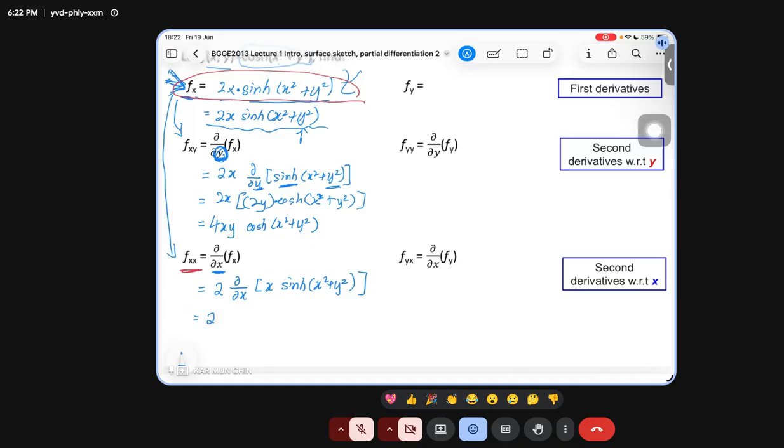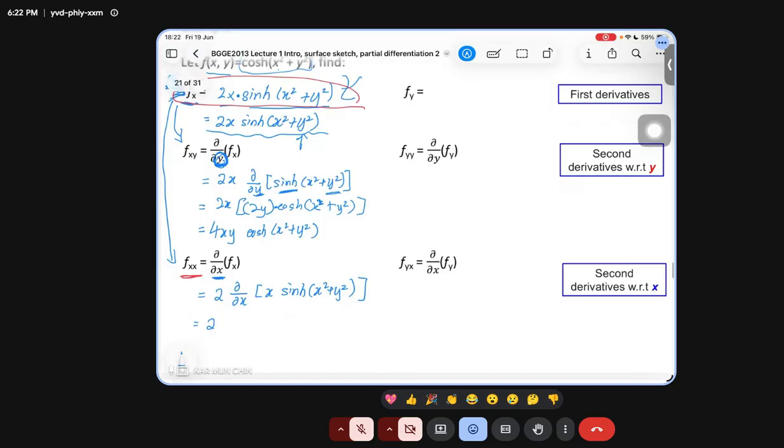This one you can use the product rule, and you'll be getting sinh of x squared plus y squared, plus 2x squared cosh of x squared plus y squared. Okay, so this is the answer for the fxx.